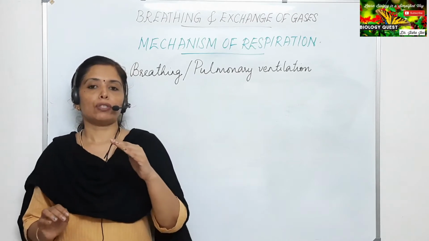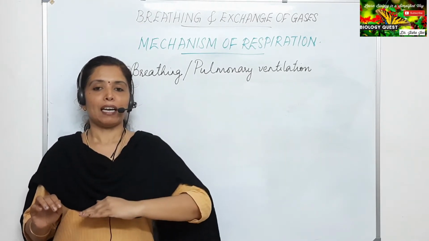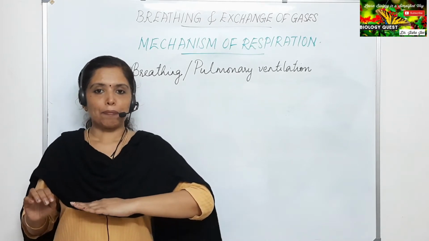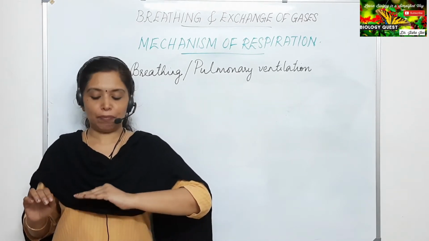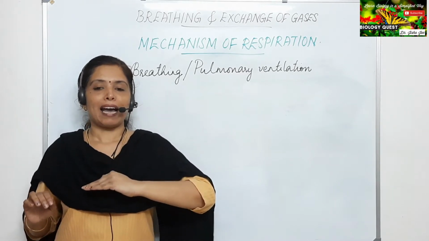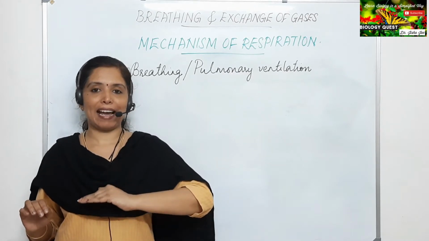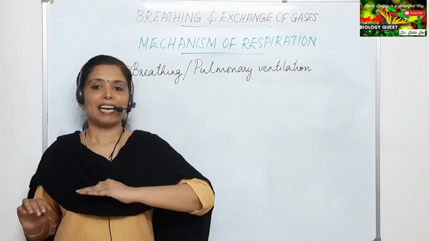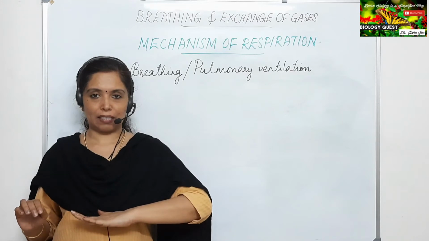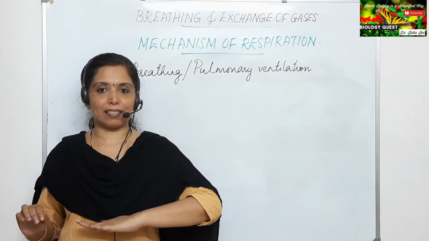So to increase the size of the thoracic cavity, what should happen? The diaphragm, which has this shape in the relaxed state, has to contract. When it contracts, the diaphragm flattens.